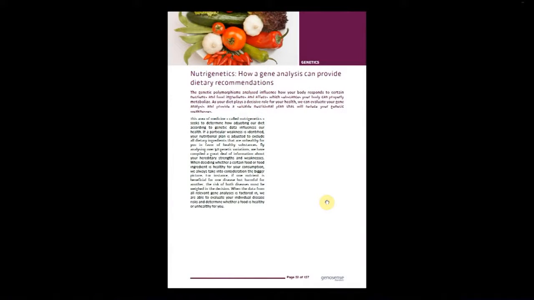Now this page here is going to explain a little bit about nutrigenetics, how genes are going to influence one person differently than others. Because the general assumption that eating healthy is the same for everybody, you should eat lots of fruit and low fat and low sugar, is just too simple, unfortunately. Because for some people, for example, milk products are a very healthy source of calcium.